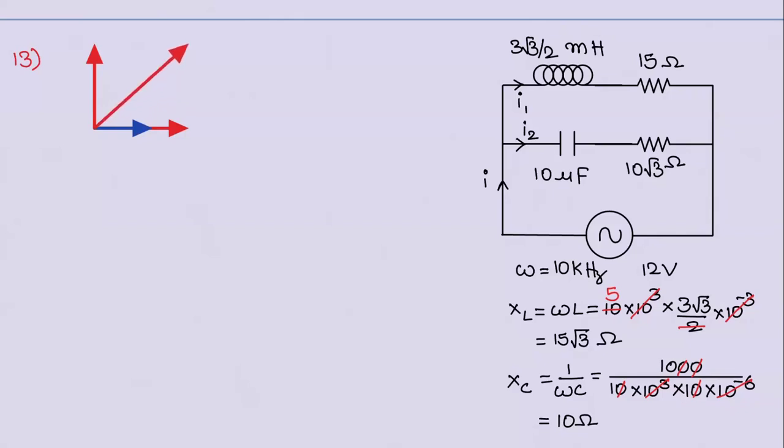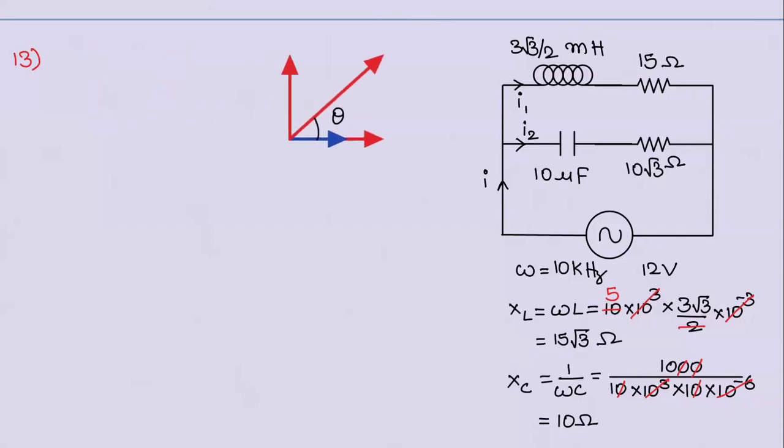That's it. This angle is theta. Okay. What is this VL and all these things? How do we find all these things? You know very well. We make the impedance phasor, and by using it, we will find.